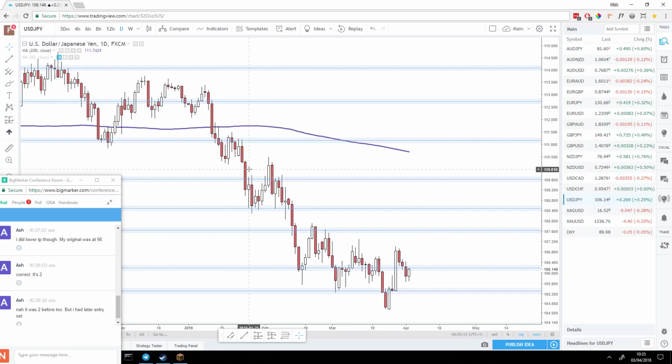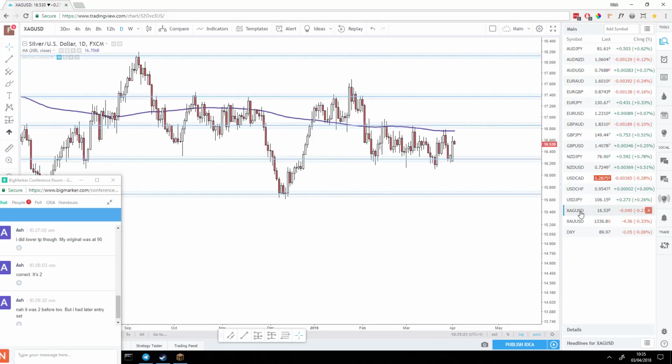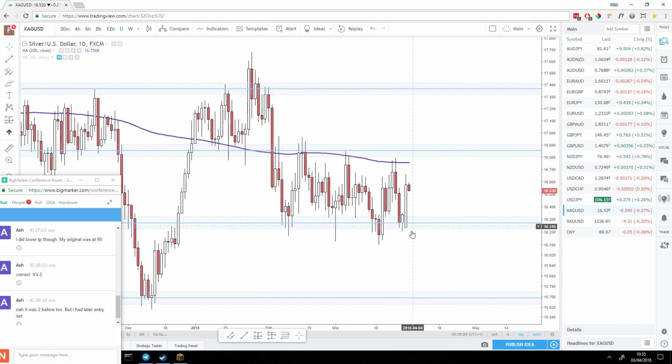USD JPY, this one's obviously just trending down. I mean, not really much going on here. Quick look at silver and gold. Prices are in between support and resistance right now. There've been a few really good opportunities with silver, like a bullish trade here, a bullish trade there.